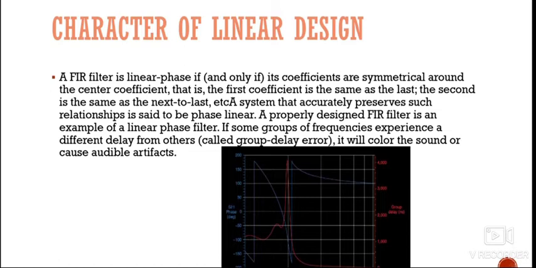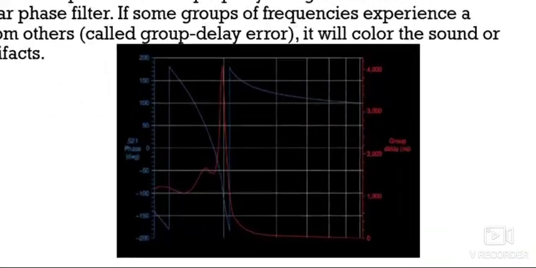A properly designed FIR filter is an example of a linear phase filter. If some one group of frequencies experiences a different delay from others, called group delay error, it will color the sound or cause audible artifacts.